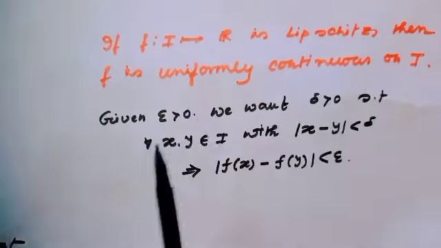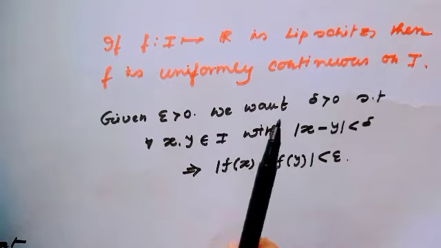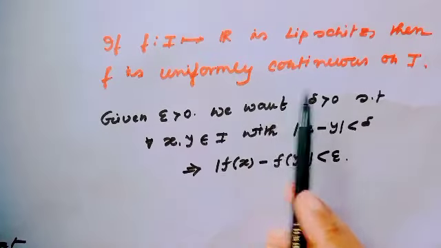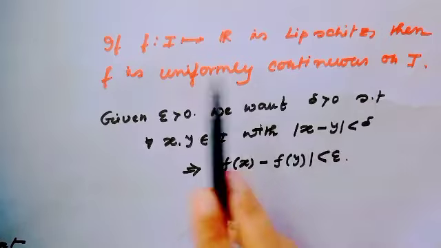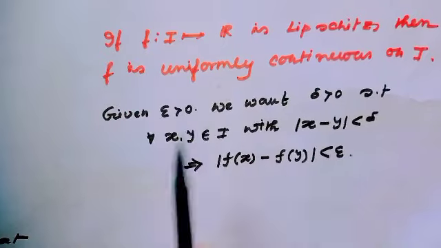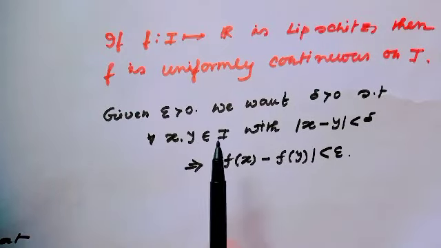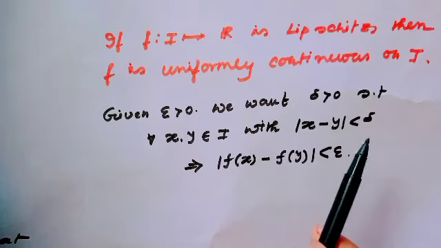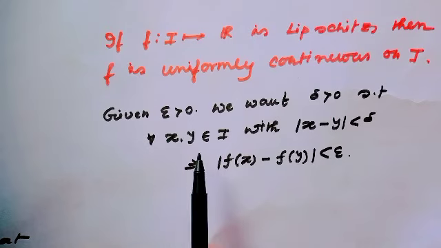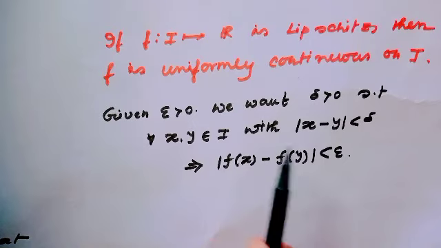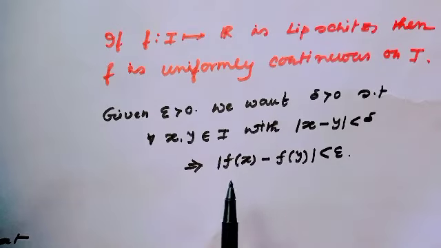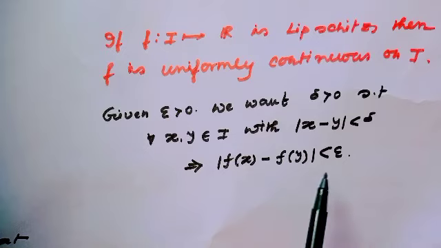Okay? Well, now I will prove that if a function is Lipschitz, then f is always uniformly continuous on the domain I. Here, given the function f from I to R, that means given epsilon greater than 0, we want a delta greater than 0 such that for all x, y in the domain I, with the condition absolute value of x minus y less than delta, it implies the absolute value of f(x) minus f(y) is less than epsilon.